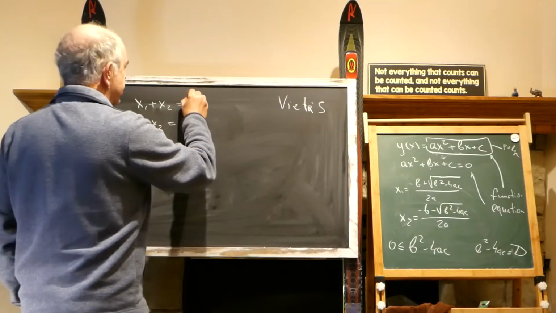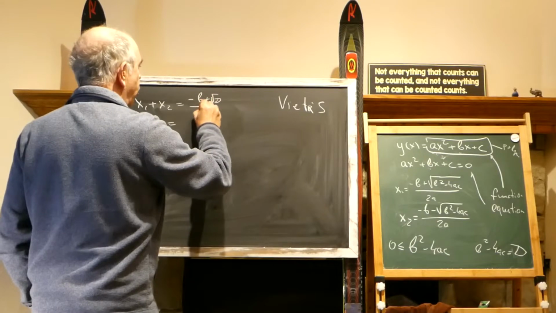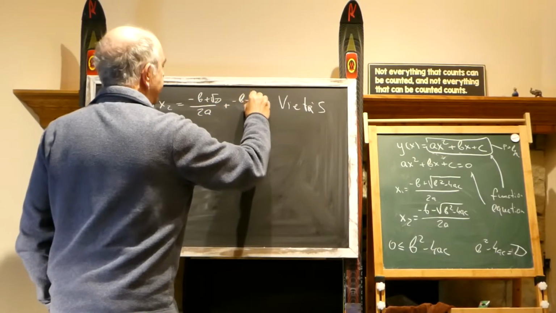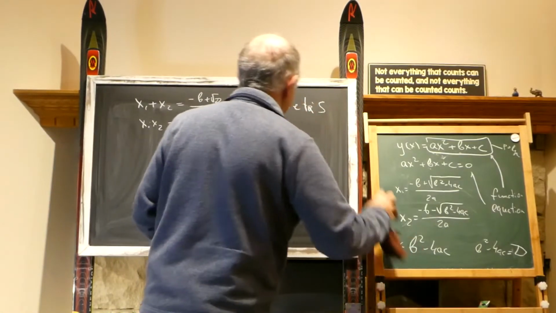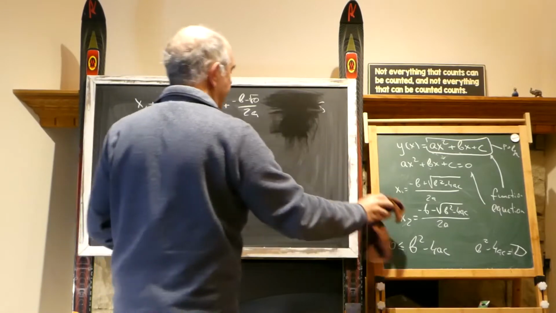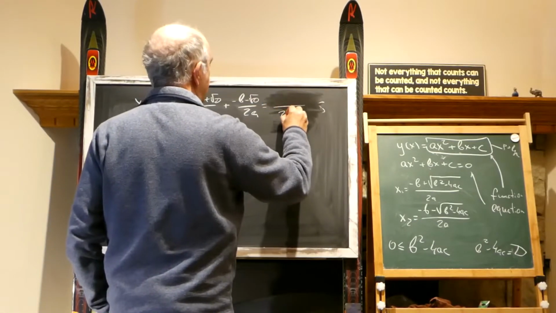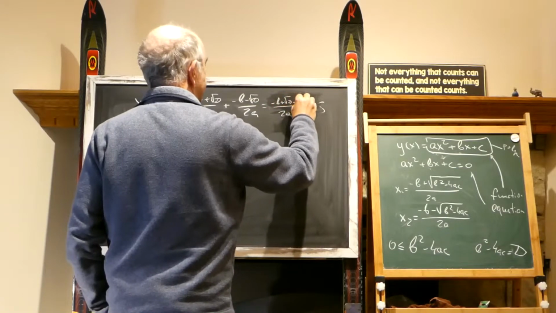Let's add this first. Minus b plus square root of d over 2a plus minus b minus square root of d over 2a. So we're adding two roots, right? We're adding those two roots, and we have common denominator 2a, and we have minus b plus minus b.